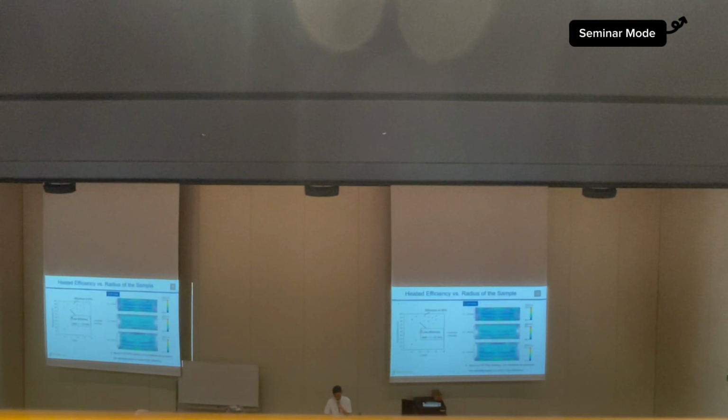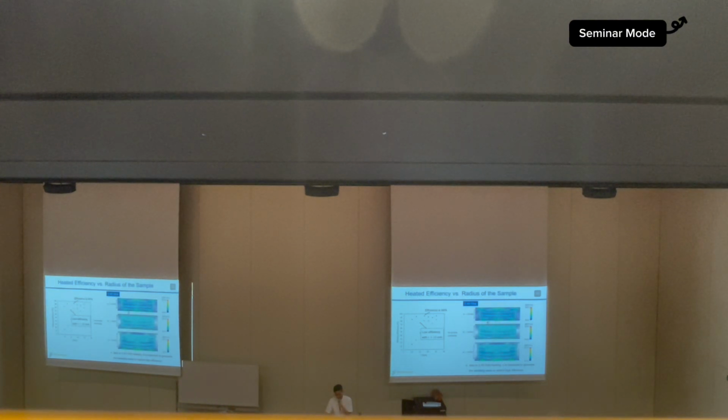So I was talking about the 915 MHz, and this time I'm going to talk about 2.45 GHz input. Efficiencies are mostly higher than 80%, but only at this point with R equals 50 millimeters, the efficiency was lower than 80%.